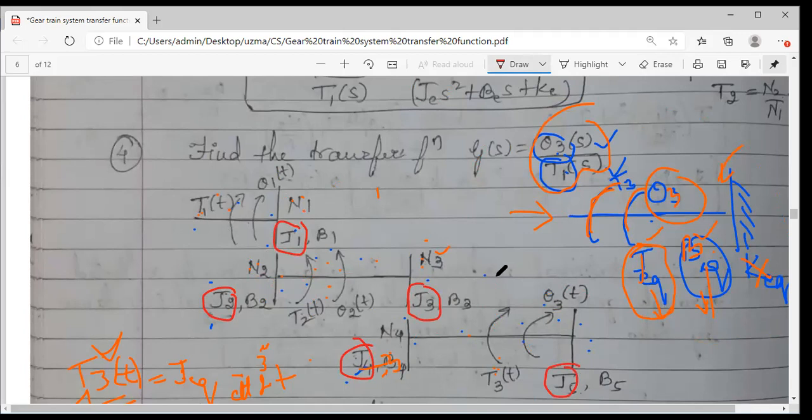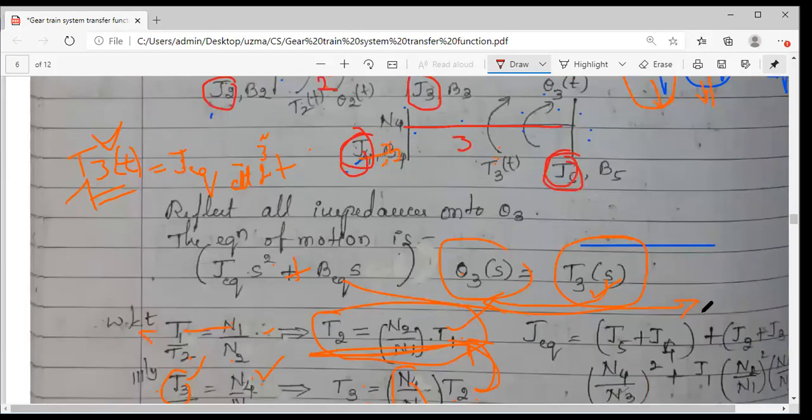See, this is your first shaft, second shaft, third shaft, and the third shaft is your destination. Since we are reflecting everything to the third shaft, the destination values will not change. So J5 and J4 should remain the same. In the equivalent value, J5 and J4 will not change because those are the destination shaft parameters.